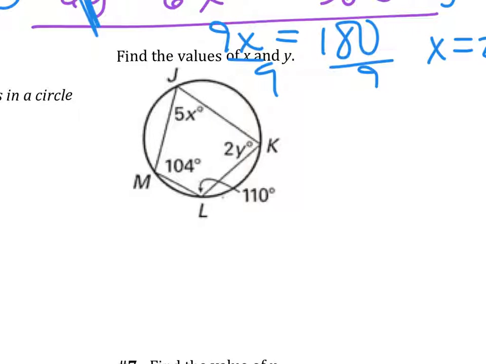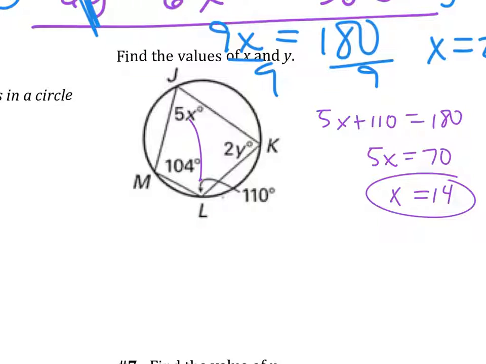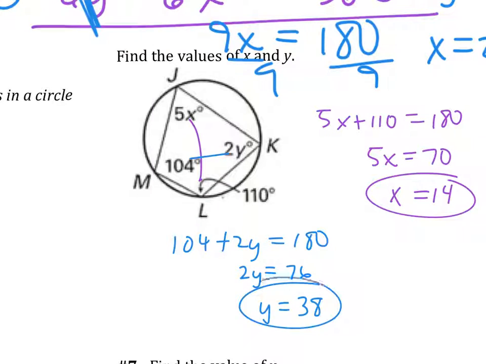If you're not sure on how to get the 14, okay, 5x plus 110 equals 180. Subtract the 110. 5x equals 70. X is equal to 14. Okay, for the y, these two angles are supplementary, so 104 plus 2y equals 180. Subtract the 104. 2y is equal to 76, divide by 2, and y is equal to 38.